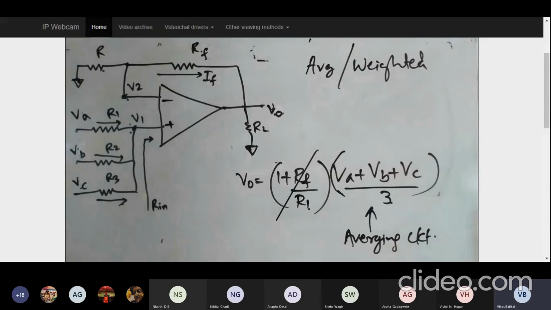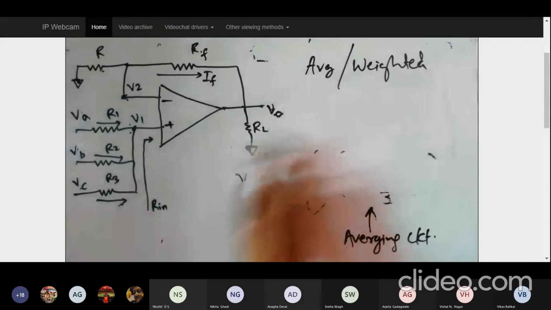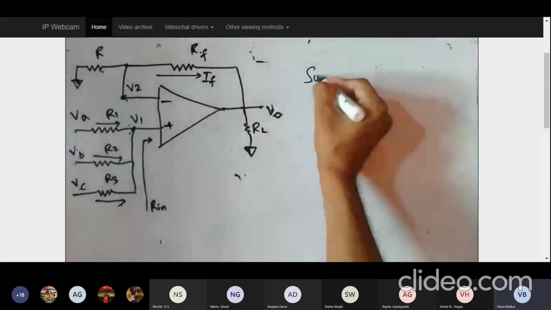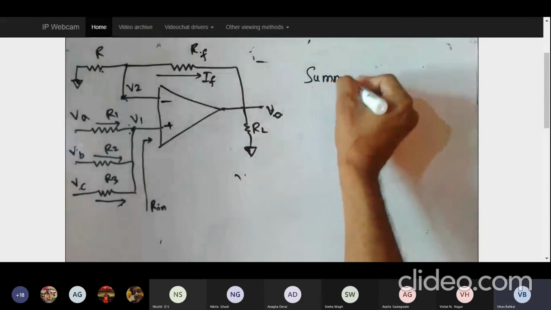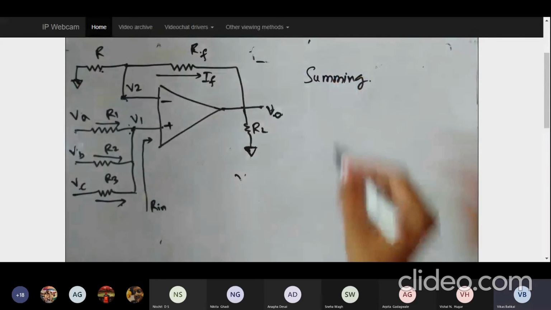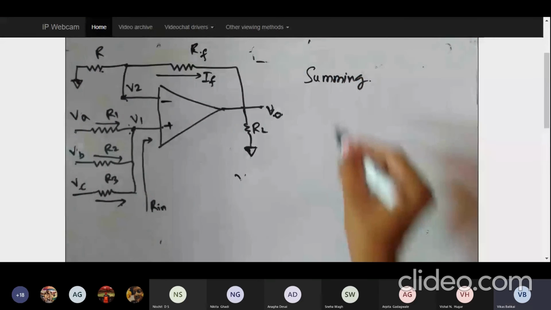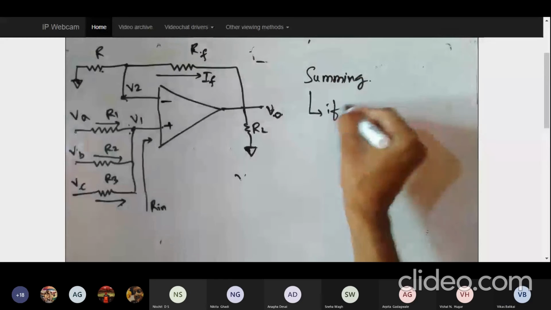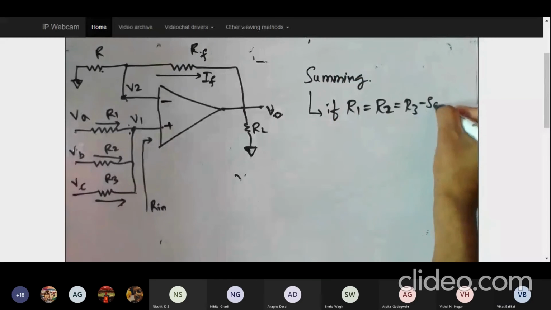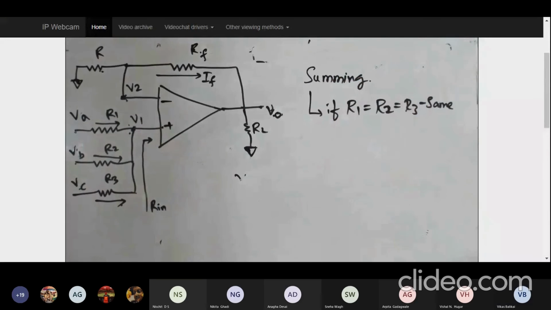So let me put this here, and this is common whether it is inverting configuration or non-inverting configuration. If R1, R2, R3 are the same, this is your summing amplifier.